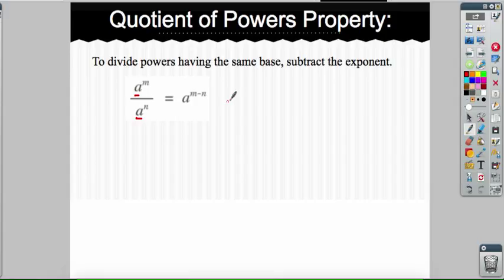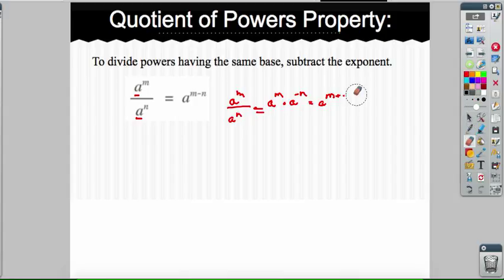Now, if we take this same exact rule and we have a to the m over a to the n, and we just choose to rewrite this and make it a to the m times a to the negative n. So in other words, what I would do is take this a to the n, my denominator, move it to the top and make it a negative, kind of working opposite. I could eventually get this same exact rule by having a to the m plus negative n power.